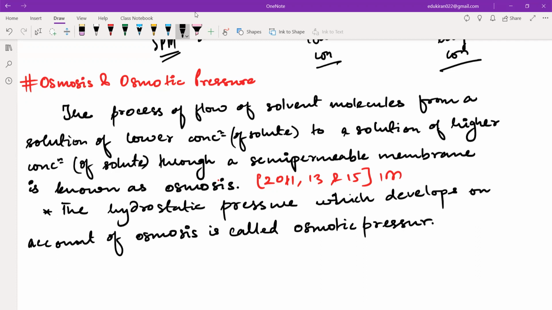Okay. Now, this definition of osmotic pressure is more related to the measurement part of how the osmotic pressure is measured. But in your examination, you will write the next definition that has 3 stars to it.